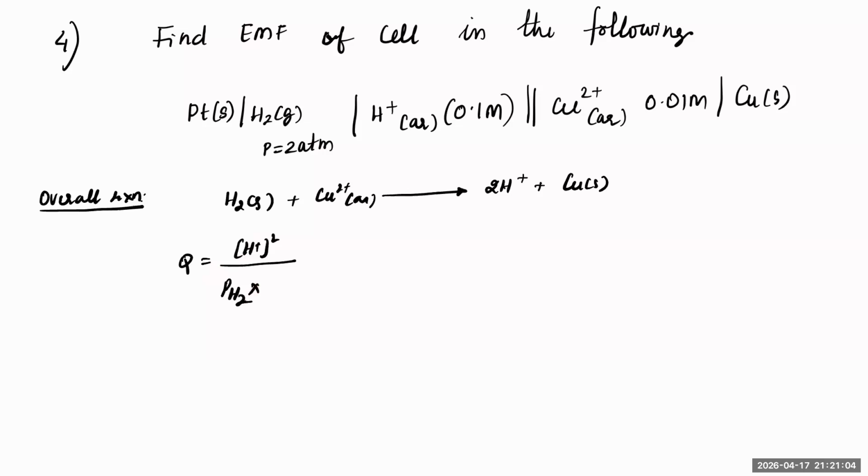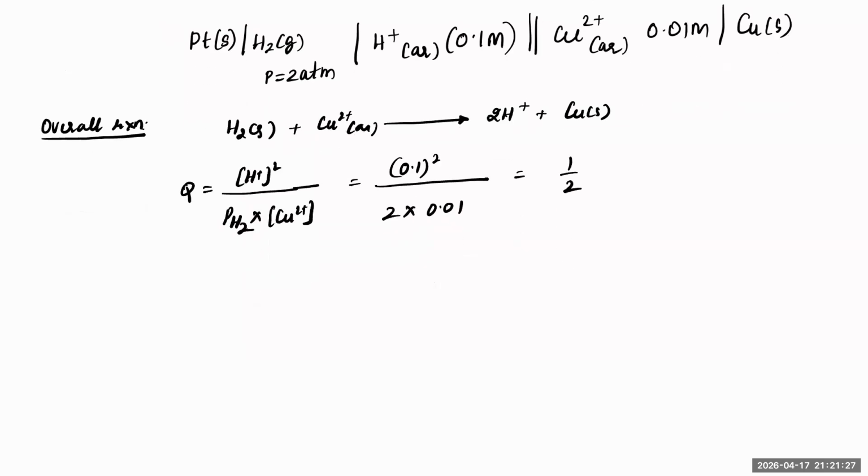So Q is H+ concentration 0.1 whole square upon 2 molar into Cu2+ concentration 0.01. So this 2 will get cancelled. So Q is half.